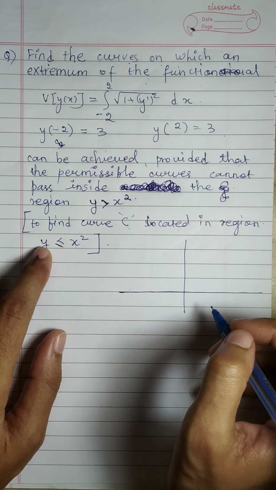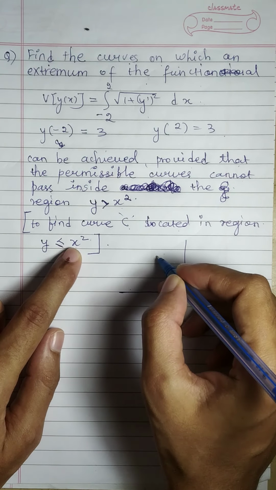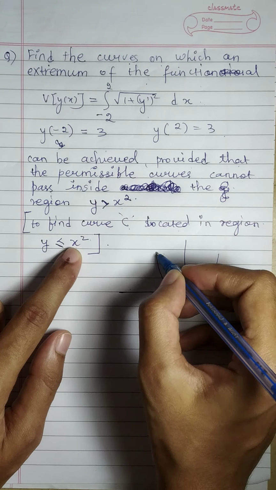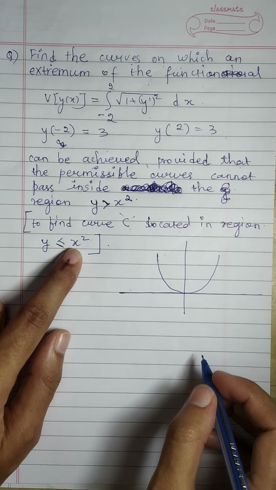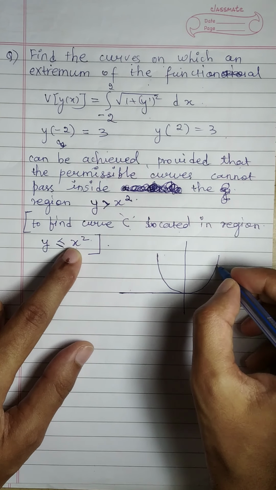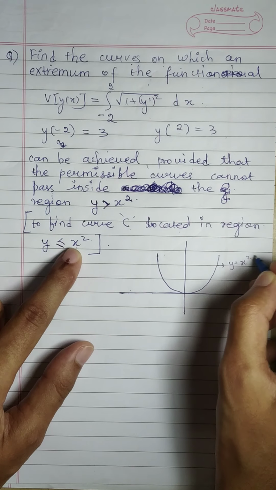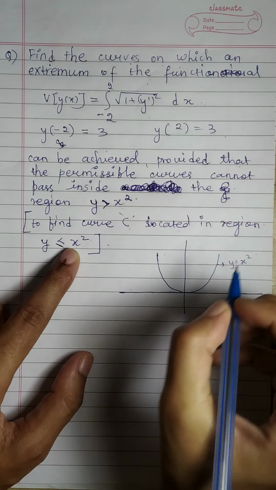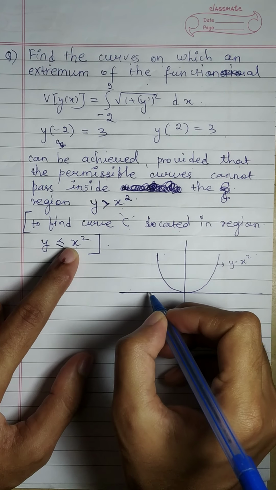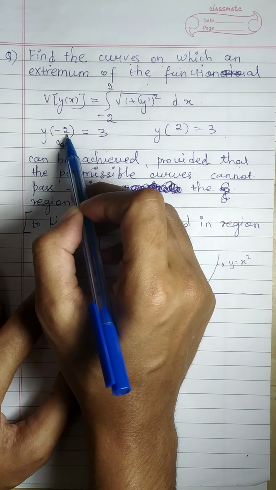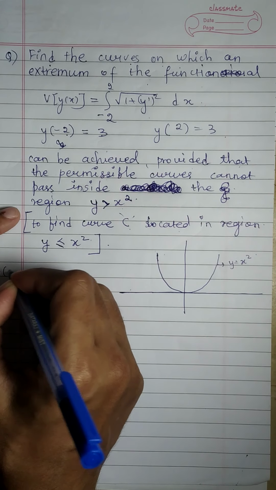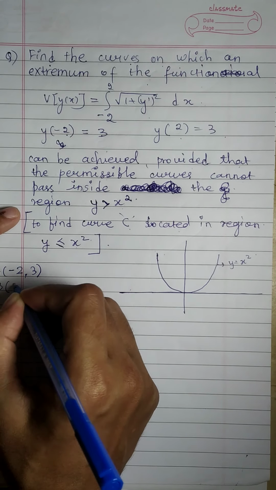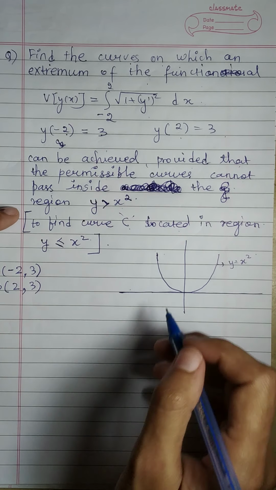Let us first draw y equal to x square, and that we all know is this curve. Now our points are, let us call this point A, which is -2, 3, and this point B, which is 2, 3.